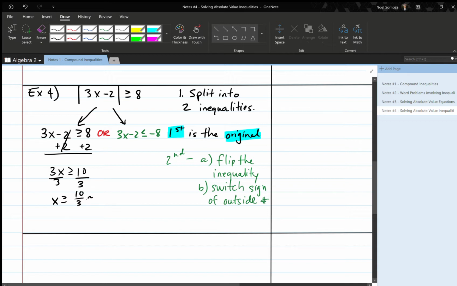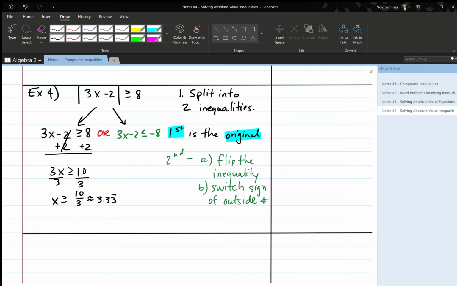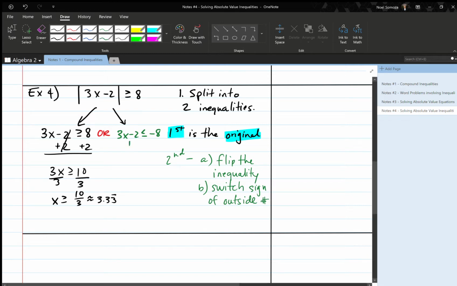For those of you who are obsessed with decimals, this is 3.33, and it keeps going forever, approximately 3.3333333. All right. Next one, add 2. 3x will be less than or equal to negative 6, sorry. Divide by 3. So x is less than or equal to negative 2.